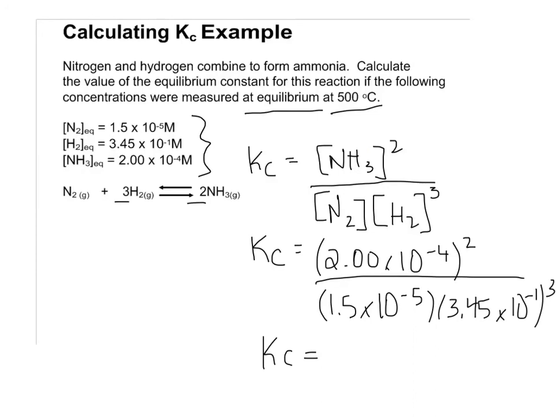So Kc equals, using sig figs, 6.5 times 10 to the negative 2. There are no units for Kc. Even though it would have units, we are not going to write units, and generally we do not write units.